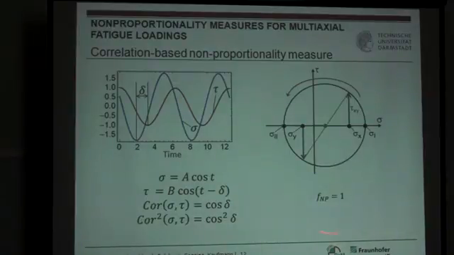And the value 1 is obtained if the principal stresses are fixed, and the Mohr circle is rotating in each direction. So it's basically constant, these values do not change, but it's rotating all the time. So each plane experiences the same shear stress amplitude, in other words. And this would be one for this non-proportional loading. Okay.